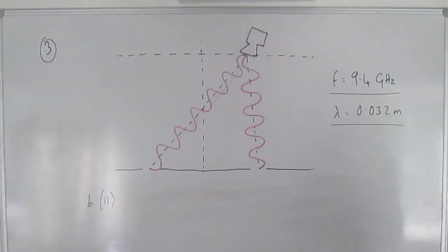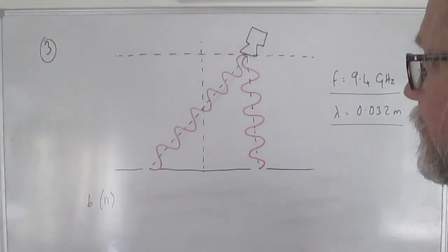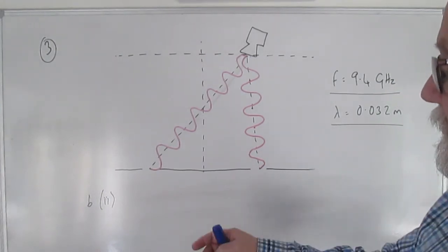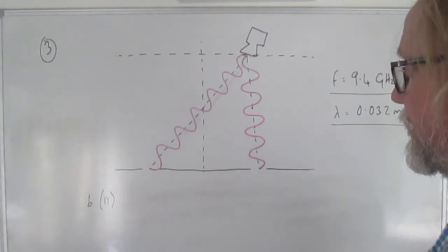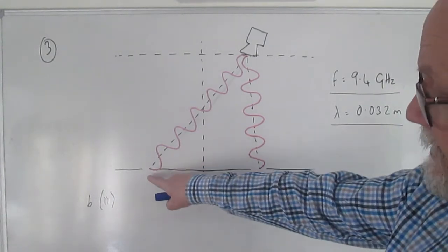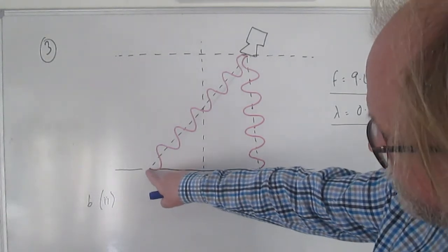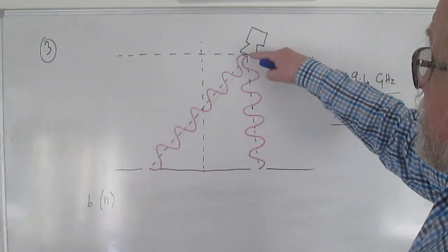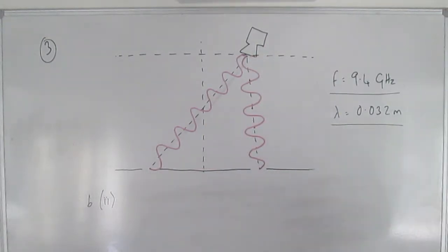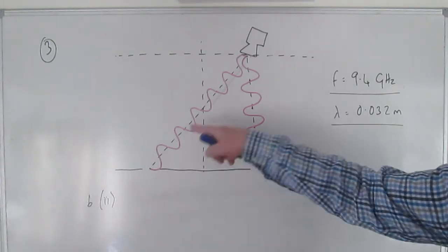Now for part B part 2, we have to state what the difference in path length is for the waves coming through this slit and through that one. And so that just means the difference in distance travelled from the slit to the detector in both cases. And the way you do that is simply to count how many wavelengths there are for each path length.